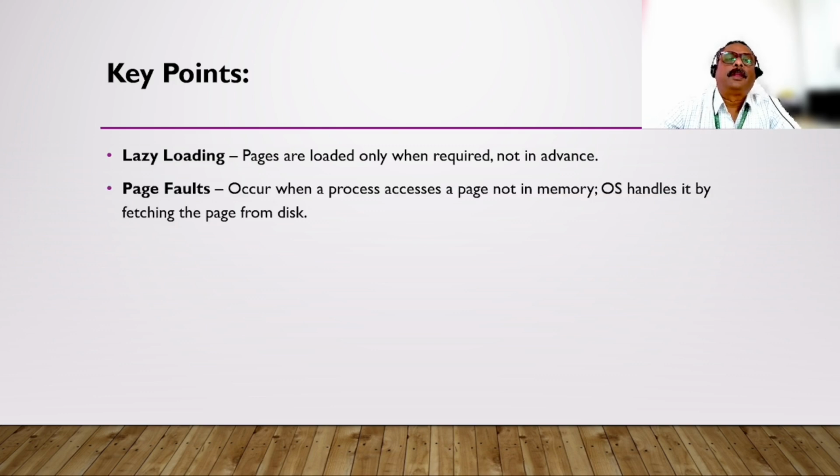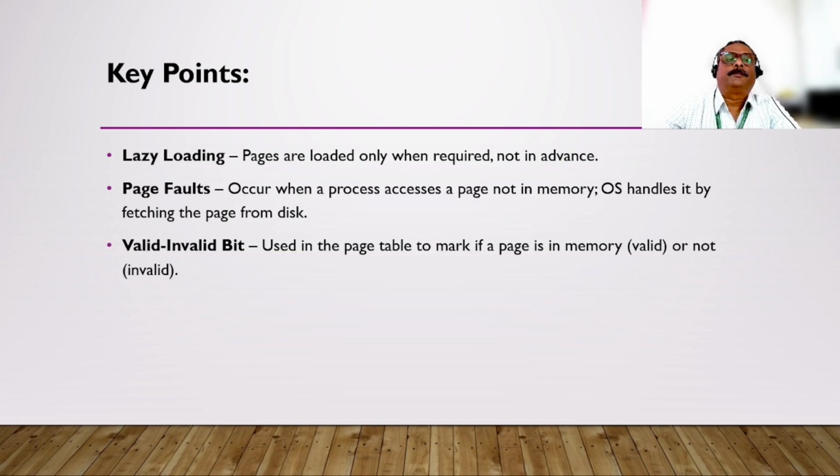And we have something called a page fault. Whenever a page is referred to that is not on the memory, a siren rings, and this informs the operating system that the page we wanted is not on the main memory. Please do something, get it from the secondary memory and put it on the main memory, so that the process can continue its execution.